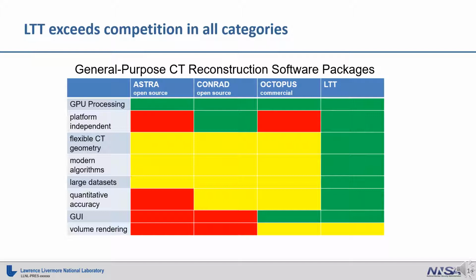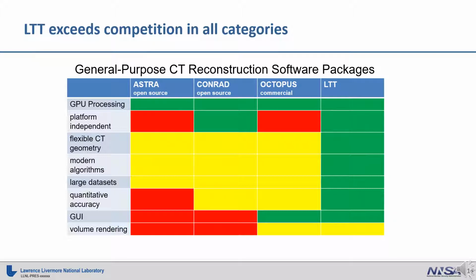The next category, flexible CT geometry. LTT is the only one that offers what I would say practical geometries. I think Astra, for instance, is a very academic exercise where the geometries they support are very rigid. Everything has to be perfectly centered, like your detector has to be perfectly centered in your field of view.